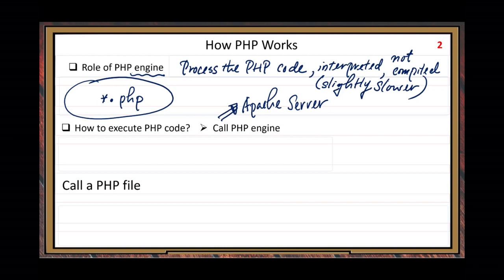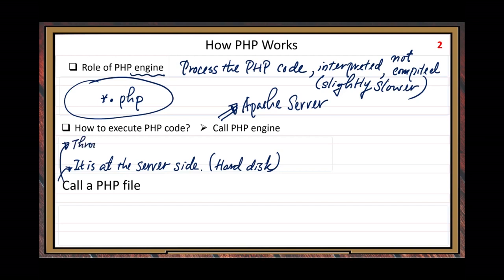We know the PHP file is at the server side, the Apache server, specifically stored on the hard disk of the server. Then you access it through URLs.